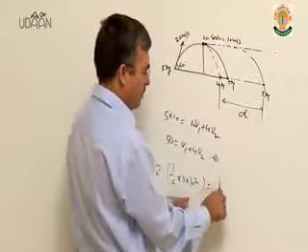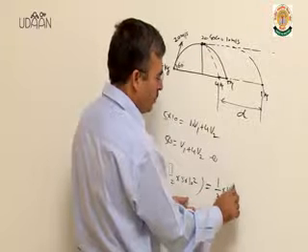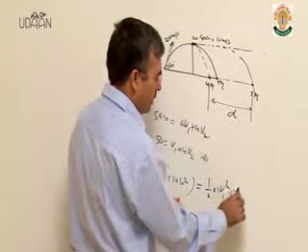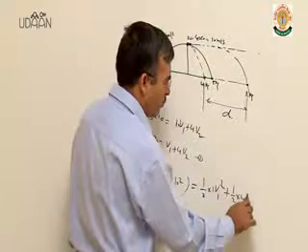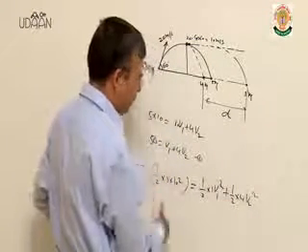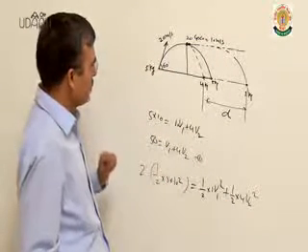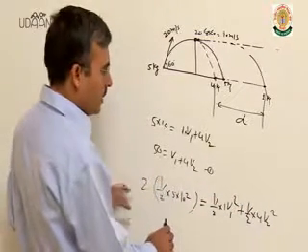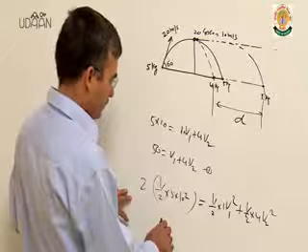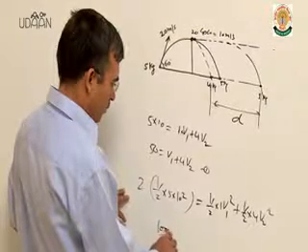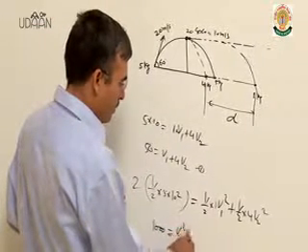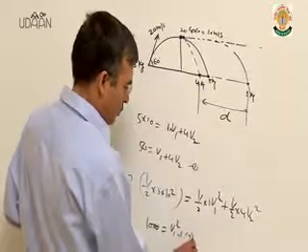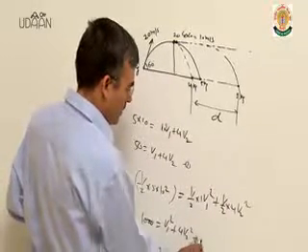This will be equal to half into 1 into v1 square plus half into 4 into v2 square. On simplifying, half is cancelled, and it is 1000 equal to v1 square plus 4 v2 square.